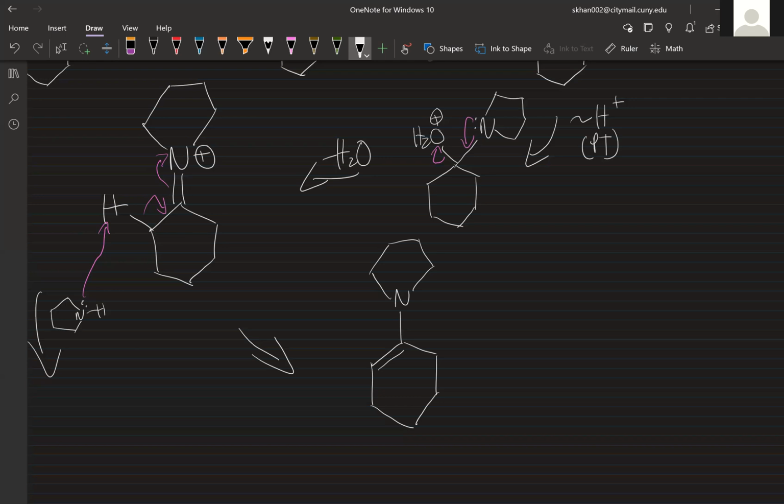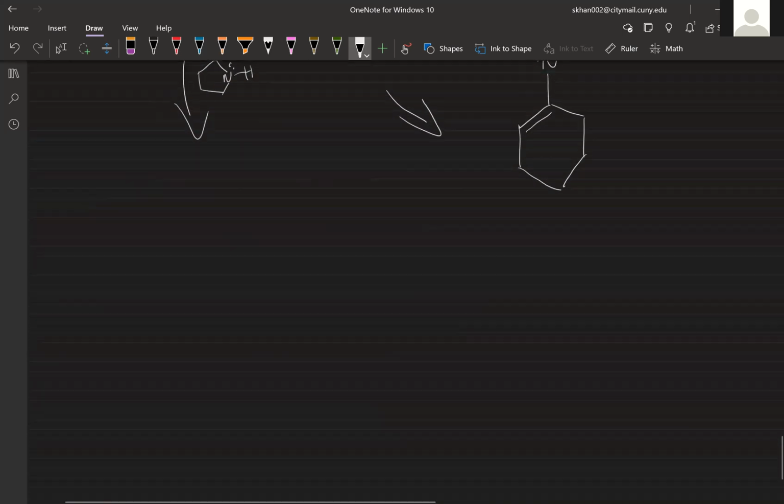Yeah, so somebody said they wanted to do the Wolff-Kishner, so hydrazone. Oh, they didn't actually. Hold on, I want to find an example of this. Oh, perfect, 19.22.